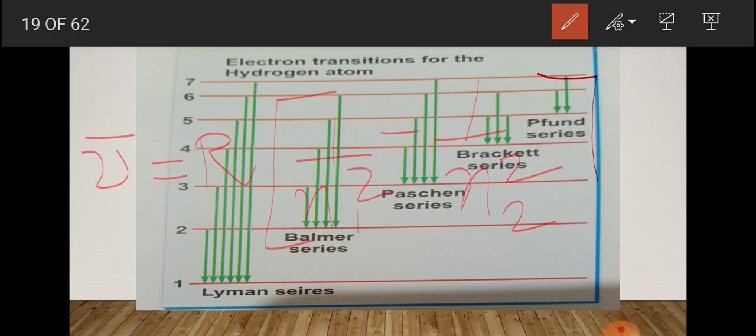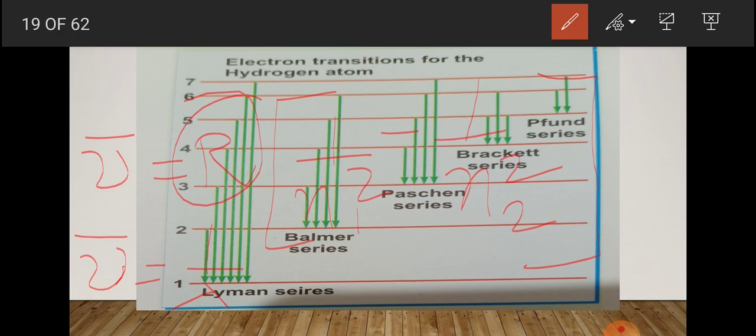This is your simple Rydberg formula. You should know that nu bar is your wave number and nu bar is equal to 1 by lambda. What is lambda? Lambda is the wavelength, and R is the Rydberg constant.